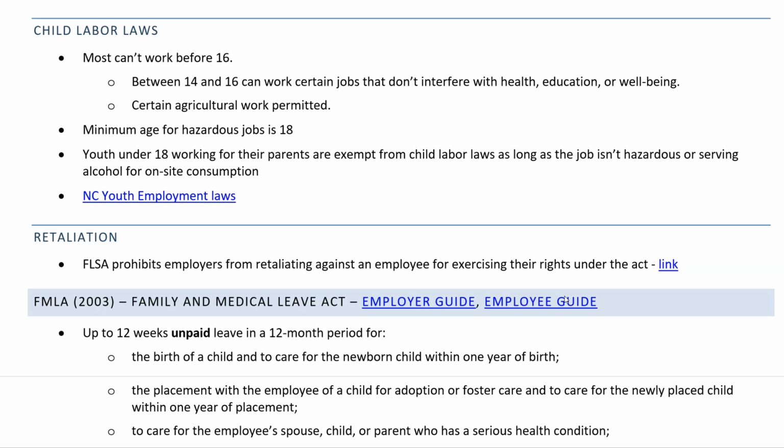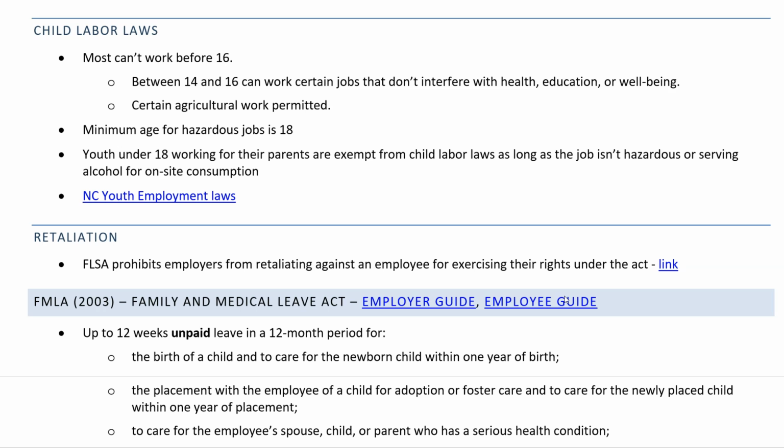There will be restrictions on the times they're able to work and the kind of jobs they're able to work. Certain agricultural work is permitted. A lot of retail positions, some young people might be able to work as long as they're not handling alcohol, things like that. The minimum age for hazardous jobs is 18.